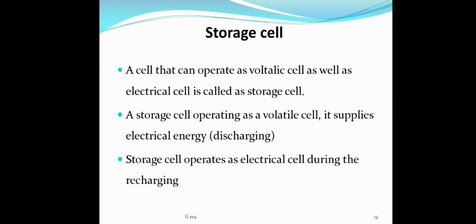So when you are using this mobile, the chemical energy in the battery is converted into electrical energy, which helps in the functioning of your mobile. After some time it goes down from 100% to 90% to 80%. If it reaches 20 or 10%, you get alarmed and put it for charging.